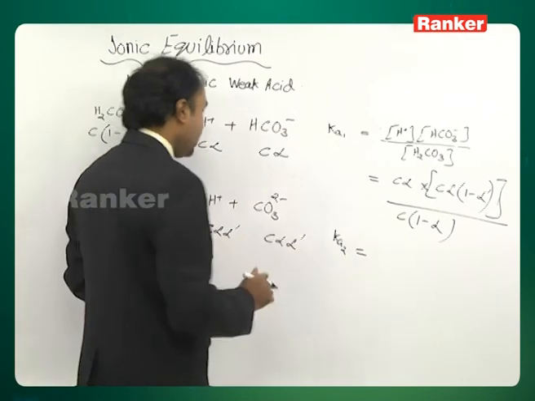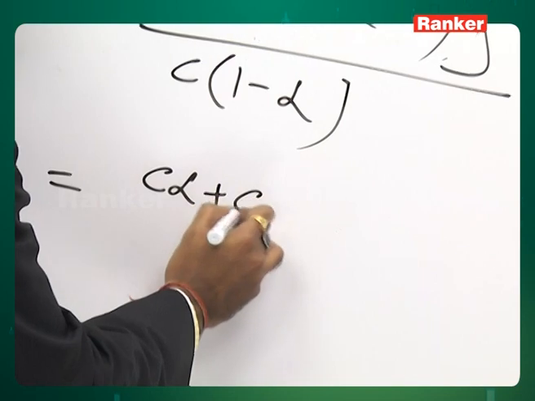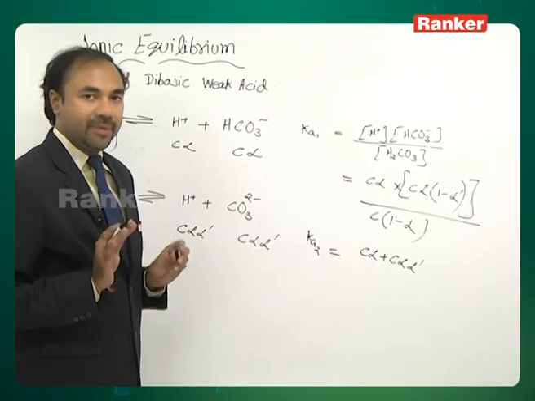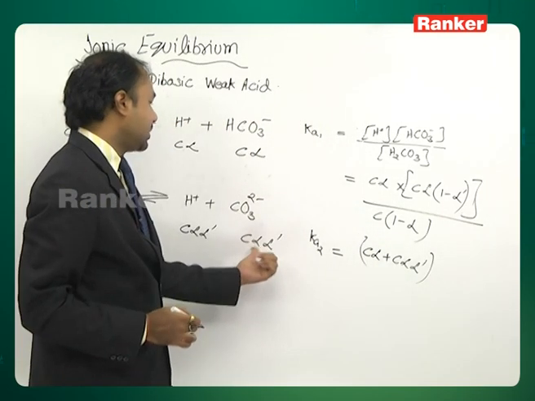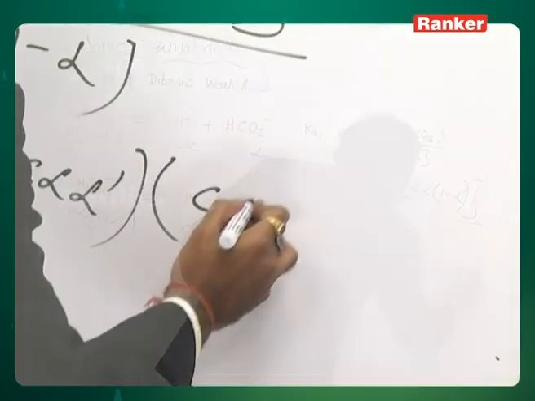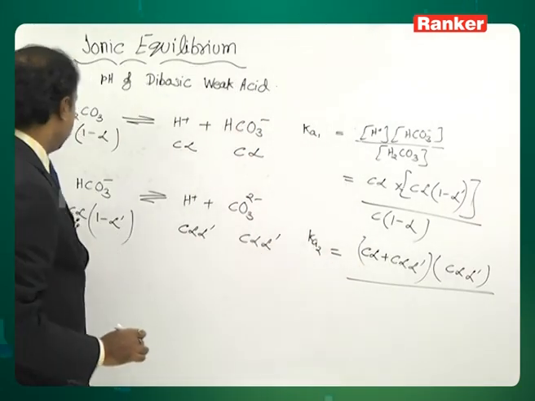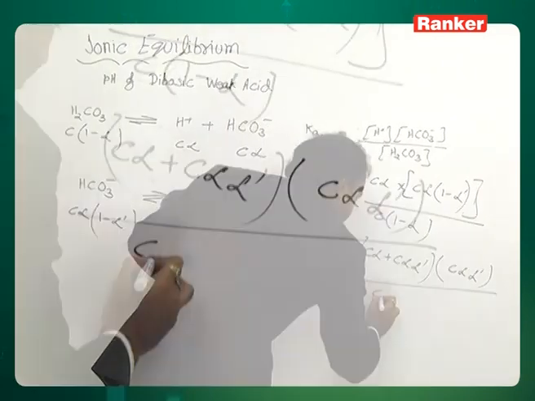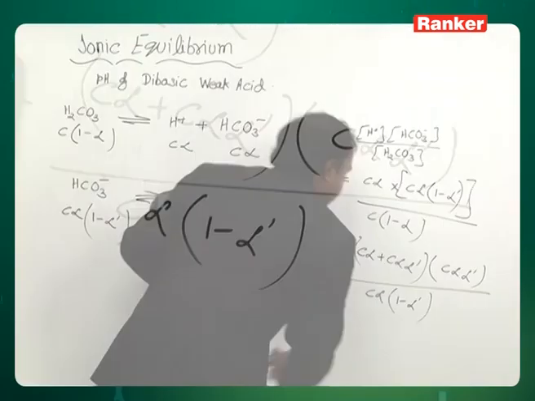Means it will be C alpha plus C alpha alpha dash. Got it now? Now this is multiplied by concentration of carbonate ion, which will be C alpha alpha dash, upon concentration of bicarbonate ion, which will be C alpha into 1 minus alpha dash.